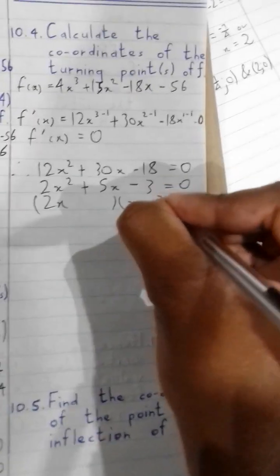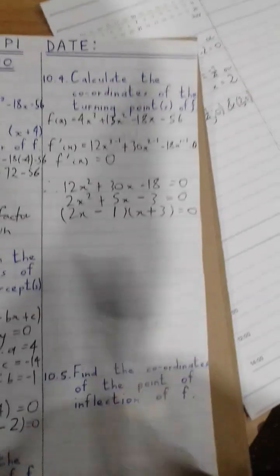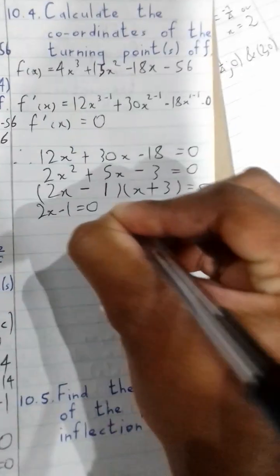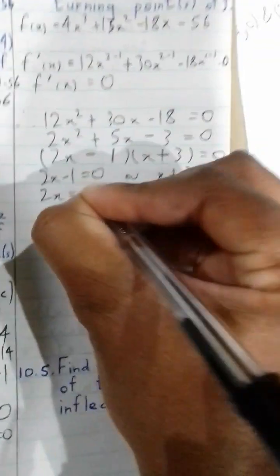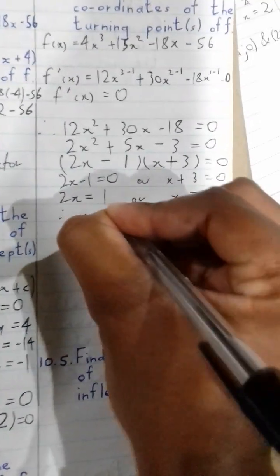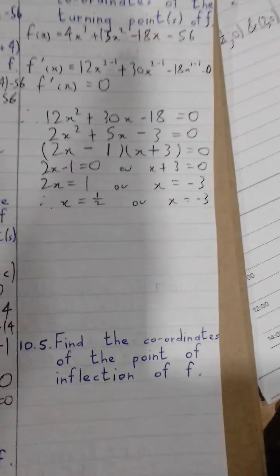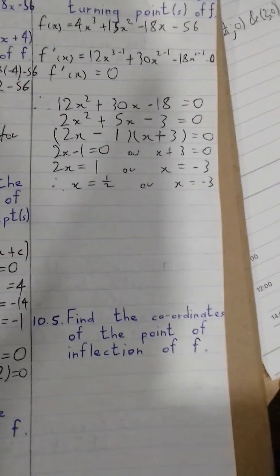We're going to put 3 here, put 1 here, give the bigger number the sign of the middle term, plus, minus. 6x minus x, so 2x minus 1 is equal to 0, or x plus 3 is equal to 0. Therefore, 2x is equal to 1, or x is negative 3. X is half, or x is negative 3. Now we need to calculate f of negative 3 as well as f of half.